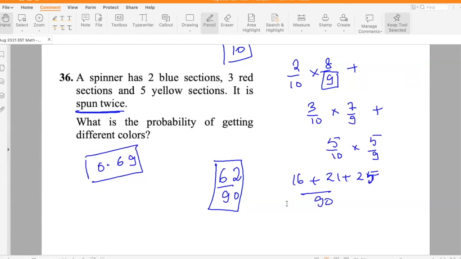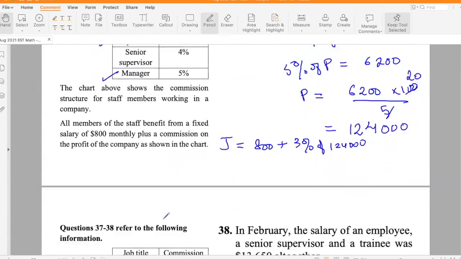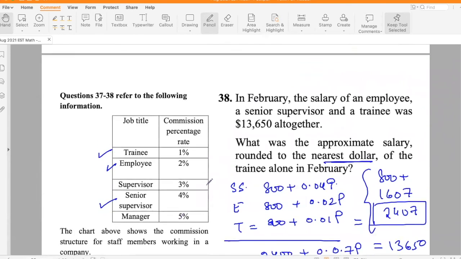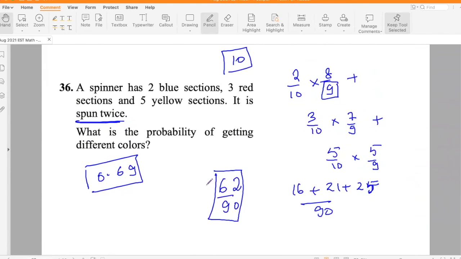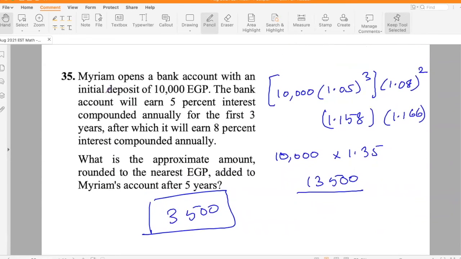Okay, 37, 4520, and 38 is 2407. Yeah, that is correct. So 36 is the one that we need to relook at, because that is where the answer is not matching. And 35 is fine, just a difference of 3.